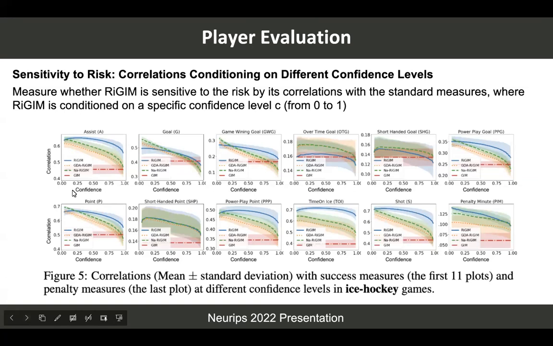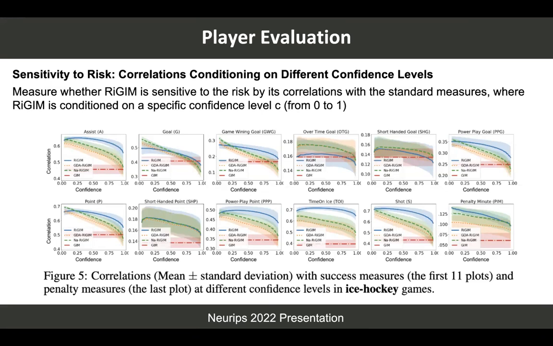I think the result makes sense, because when the confidence level is low, it means we use a higher level quantile value for player evaluation, so it would be less risk averse. Reflecting in the correlation, it has a higher correlation with those success measures.